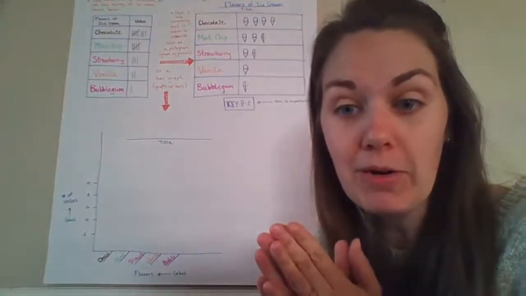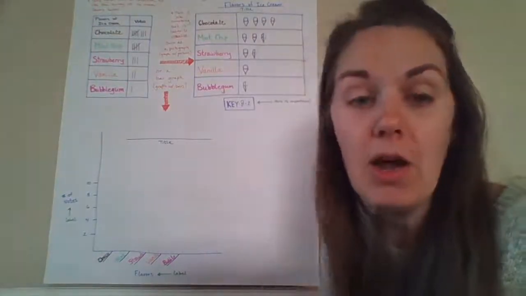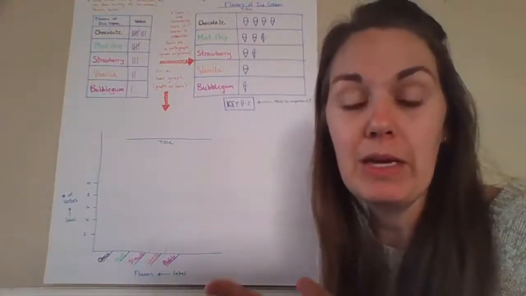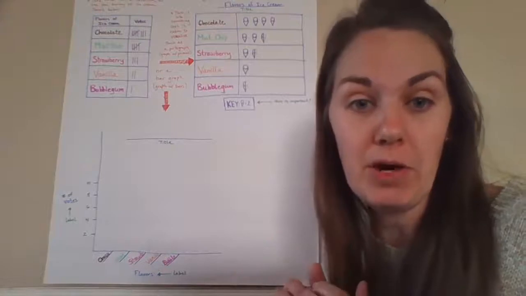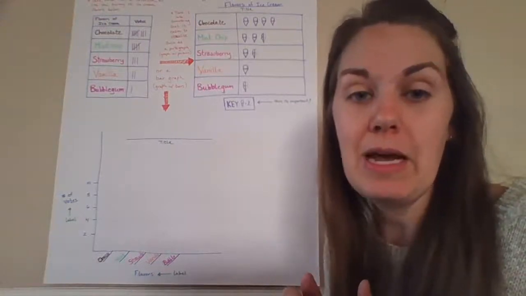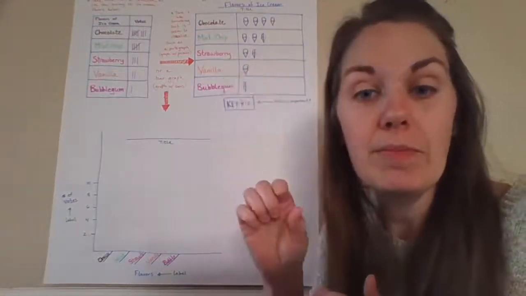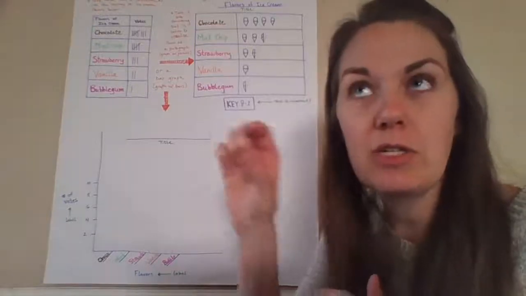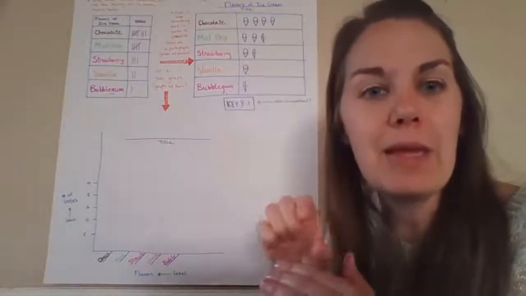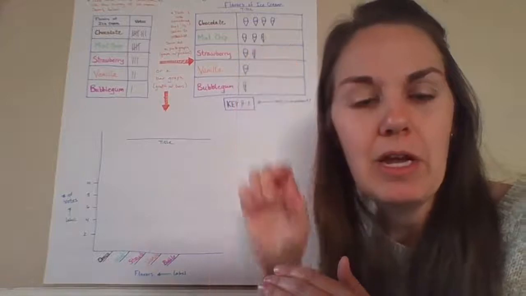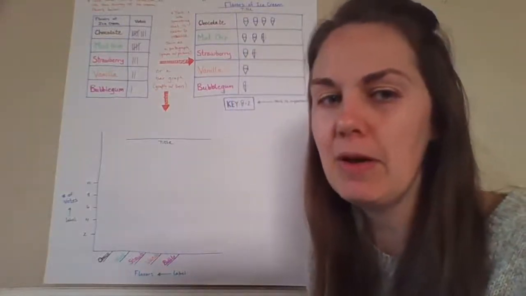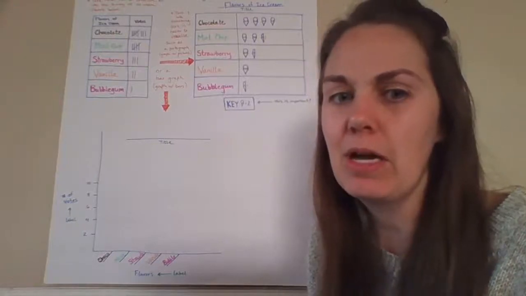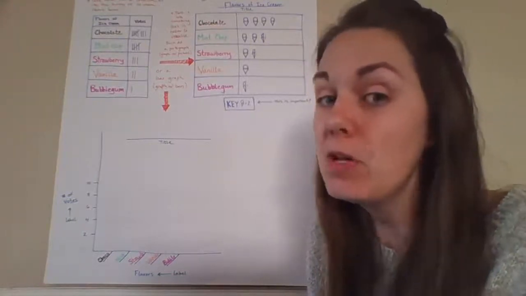Okay, moving on to bar graphs now. So bar graphs are graphs that represent the information with different heights of bars. So we could think of this as if there was a graph, each bar would be made up of different squares representing one unit. So we've talked a little bit about units.